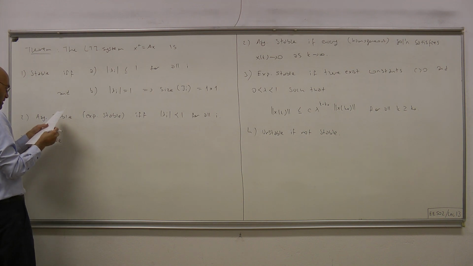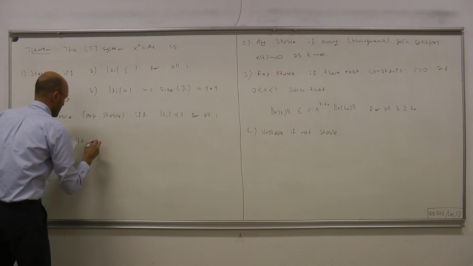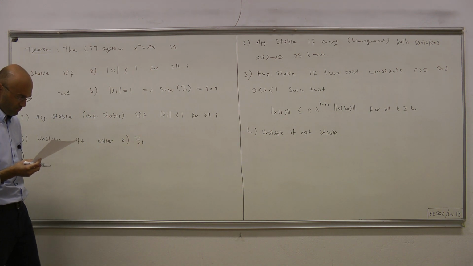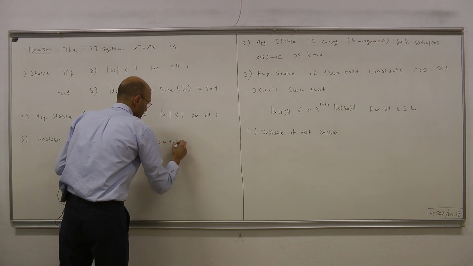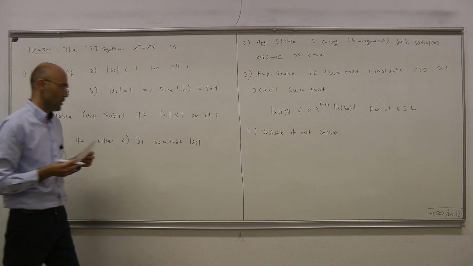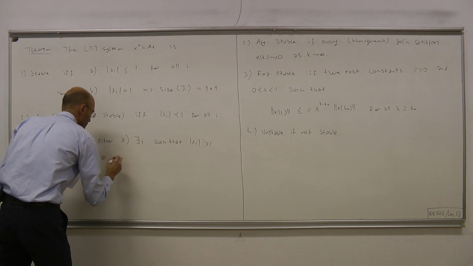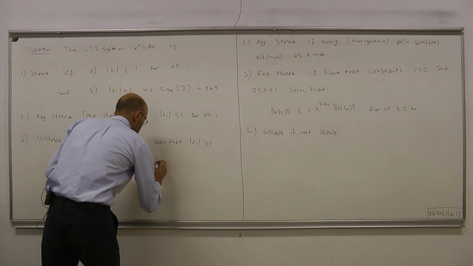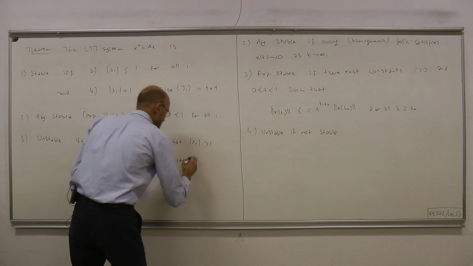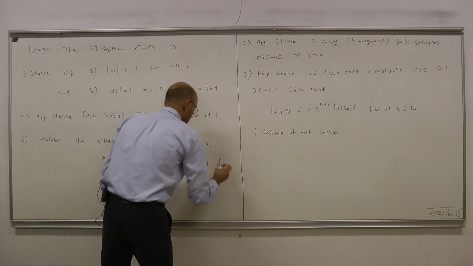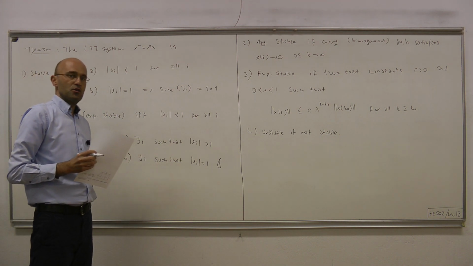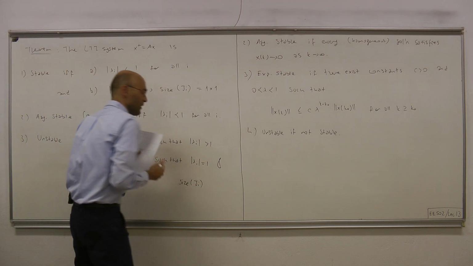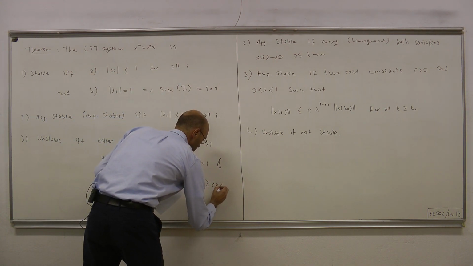So it is unstable if and only if either there exists an eigenvalue such that its magnitude is strictly greater than 1, or there exists an eigenvalue on the unit circle for which the corresponding Jordan block is of size 2 by 2 or larger.